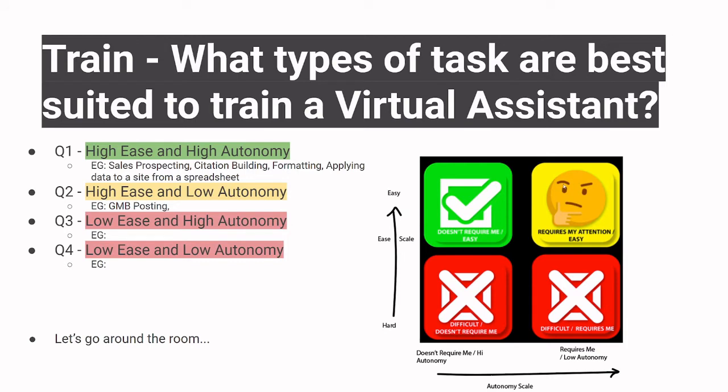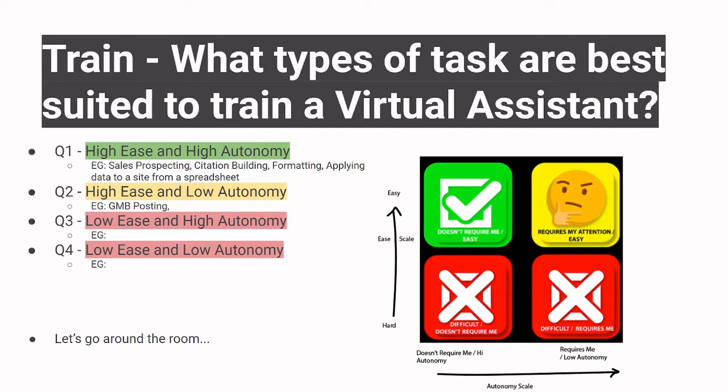And then the last two quadrants make kind of sense, right? They're just difficult tasks, and maybe they don't require Jacob or Phil or Ekaterina to do it, but they're just too difficult, too specialized. And conversely, there's stuff that's difficult and requires Jacob, Phil, Ekaterina, or a business owner to work on.